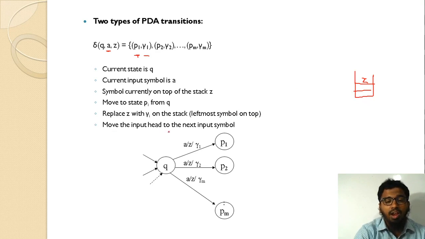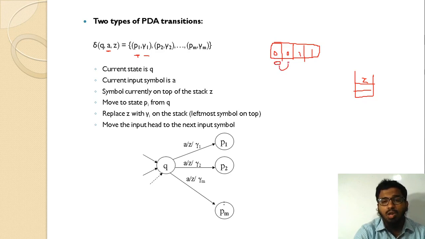Move the input head to the next input symbol. So, whenever we have inputs like this, okay, 0 0 1 1, when one symbol is finished, then our pointer, the input head, moves to the next input symbol. Okay. First it will do this, then the second, the third, and so on.